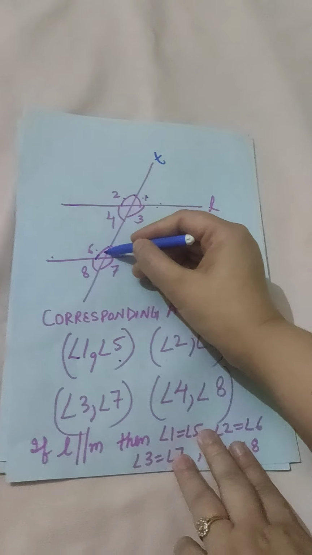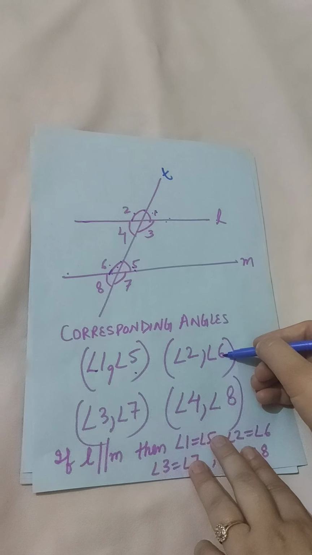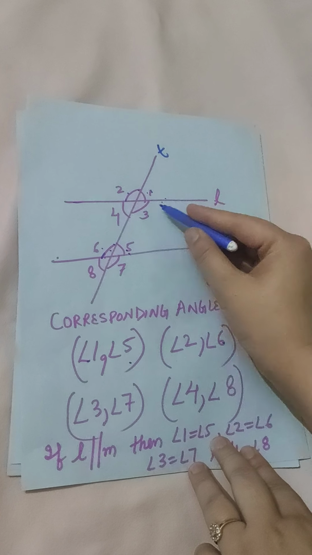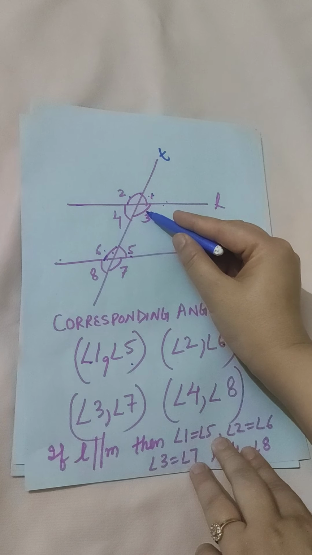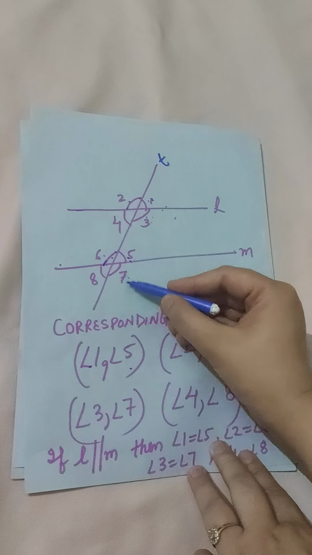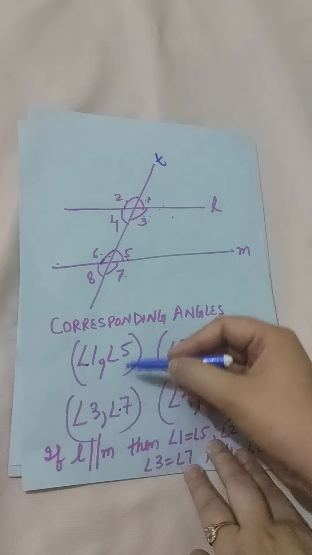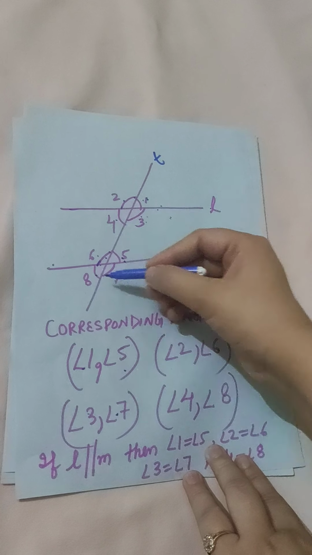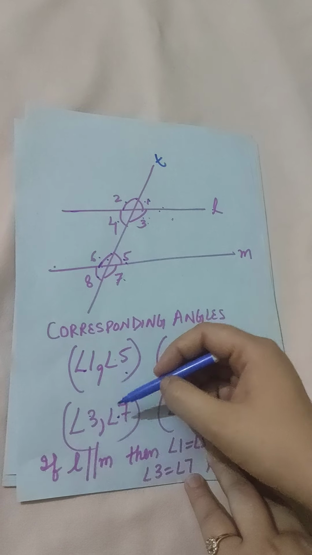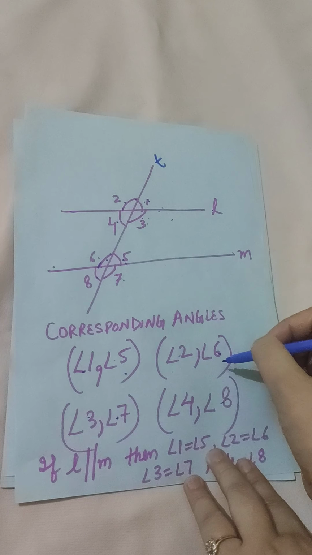So 2 and 6 are corresponding angles. Similarly, on the right side below L it is 3, and below M it is 7. So 3 and 7 make corresponding angles. Similarly 4 and 8 make corresponding angles. So total there are 4 pairs of corresponding angles.